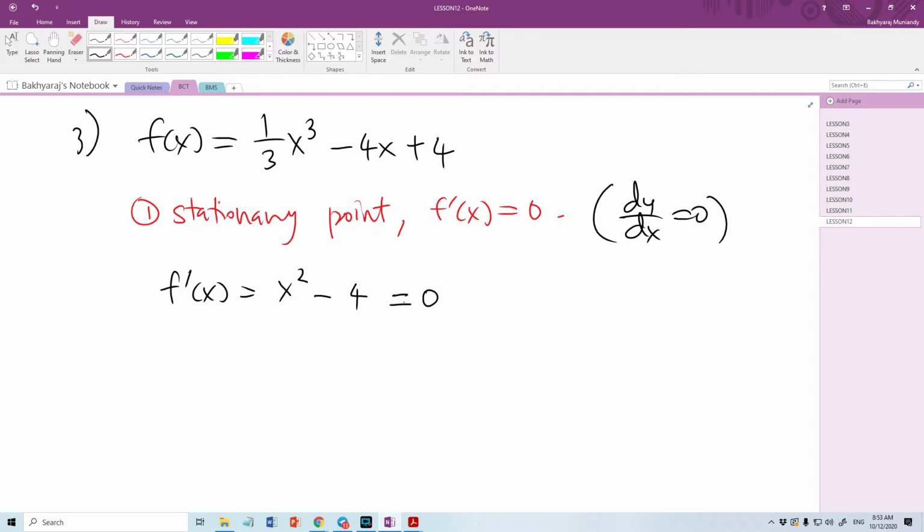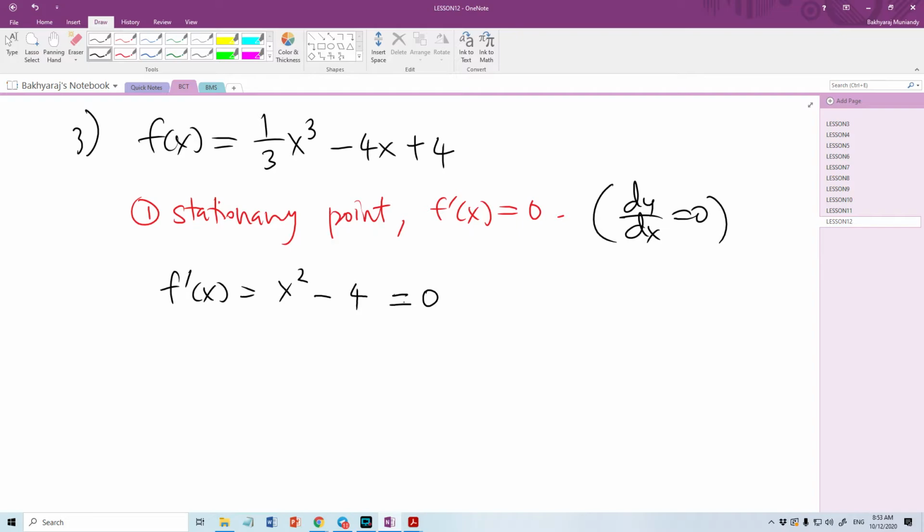Now how to solve this x square minus 4? Punca kuasa. Okay, kalau you punca kuasa, you dapat jawapan apa? Plus minus 2. Okay, dua jawapan dia. Actually that's an error if you give only one, because you have two answers.